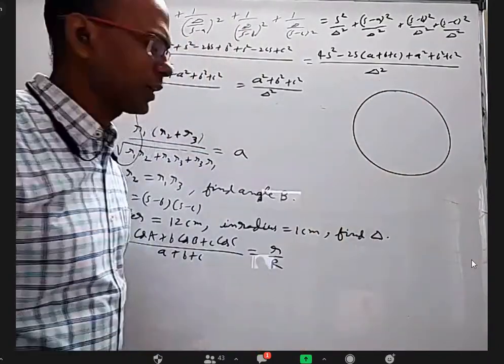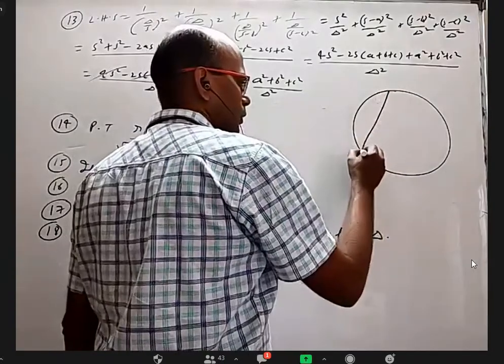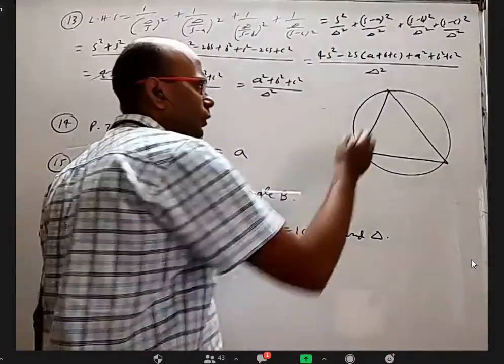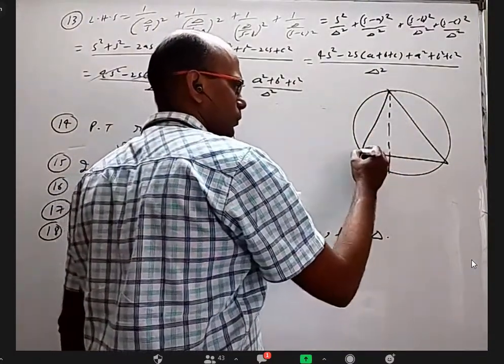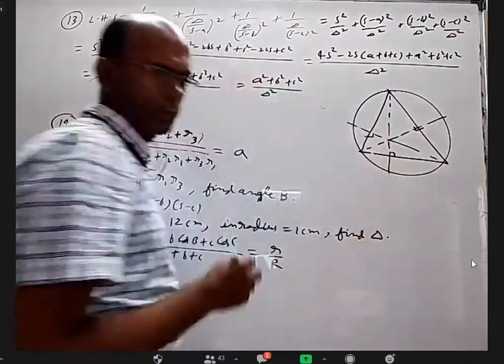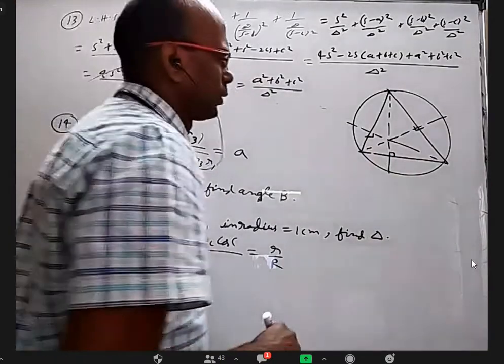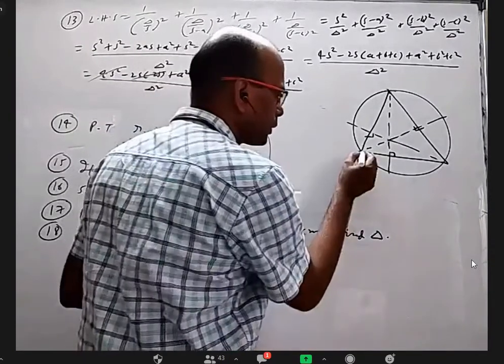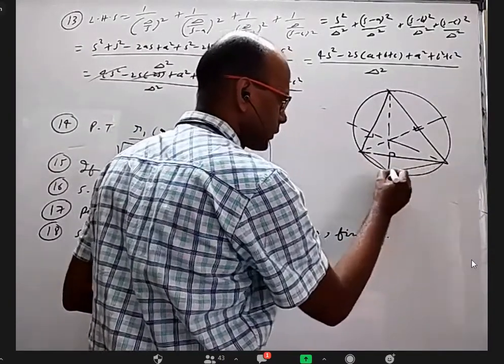This is circumcircle of a triangle. This is one triangle, need not be equilateral. Draw the altitudes. Let me use another color. If I join this, this is one triangle.